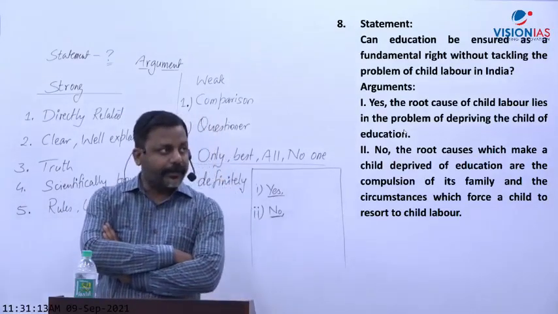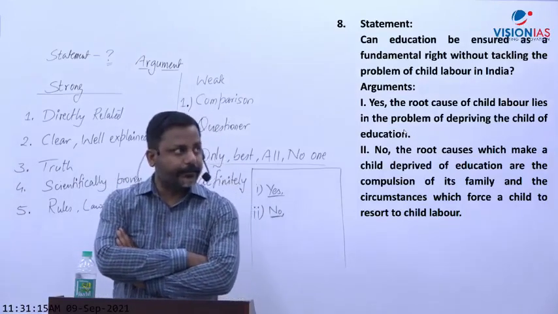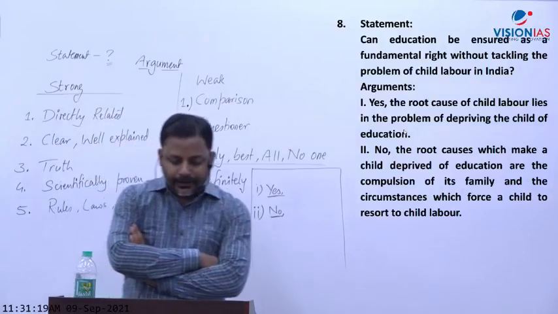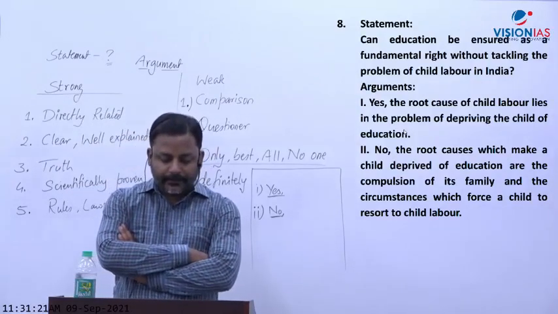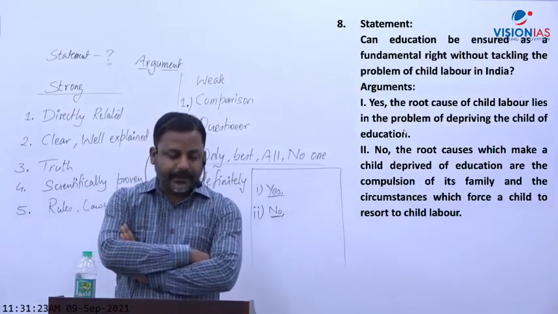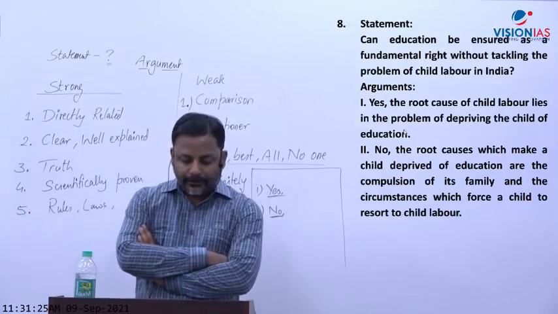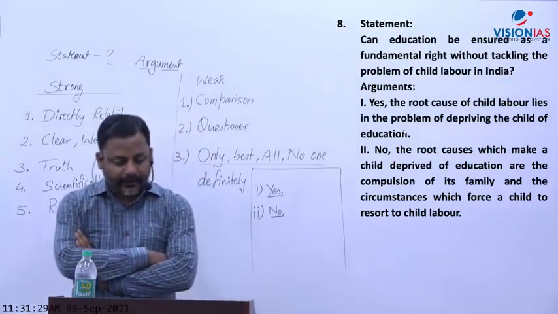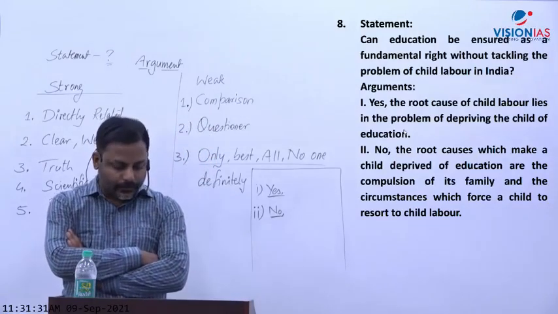Question number 8 now. Can education be ensured as a fundamental right without tackling the problem of child labor in India? Argument first, yes. The root cause of child labor lies in the problem of depriving the child of education.